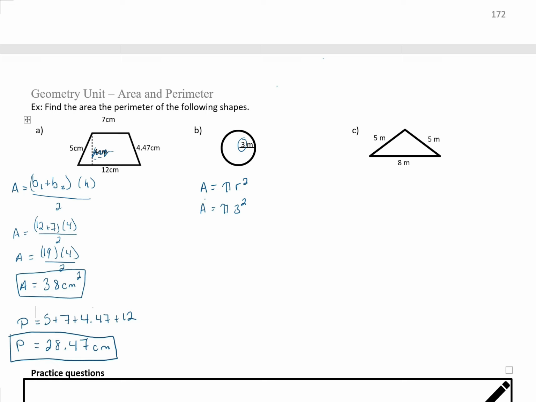Just a reminder from yesterday, I really do prefer you use your pi button on your calculator rather than rounding it to 3.14. So pi times 3 squared is 28.27. Our units, we're talking about area, so it's meters squared.